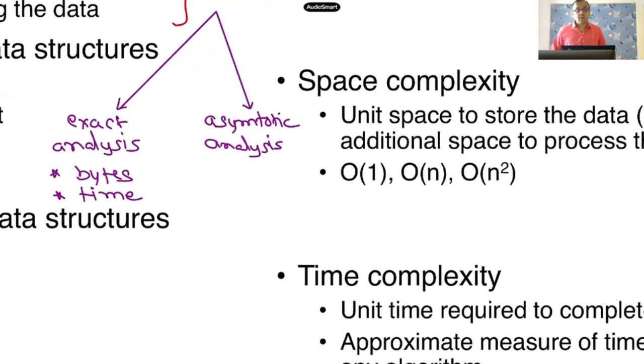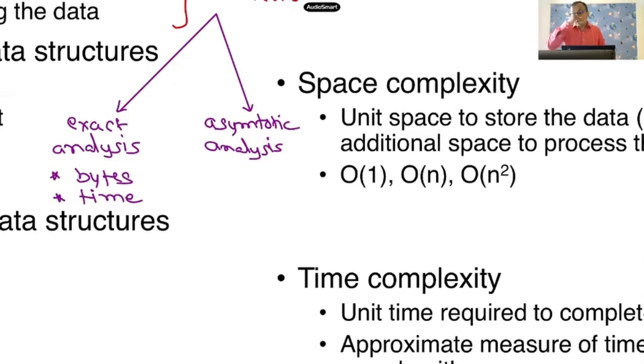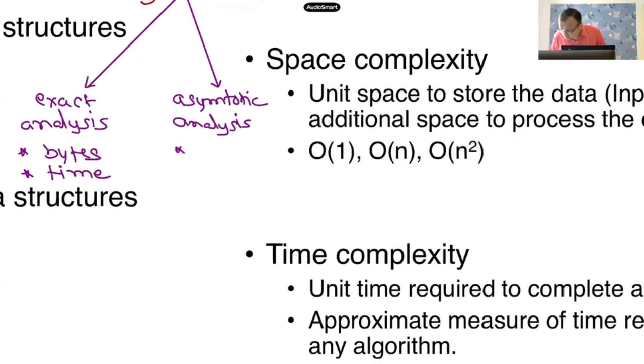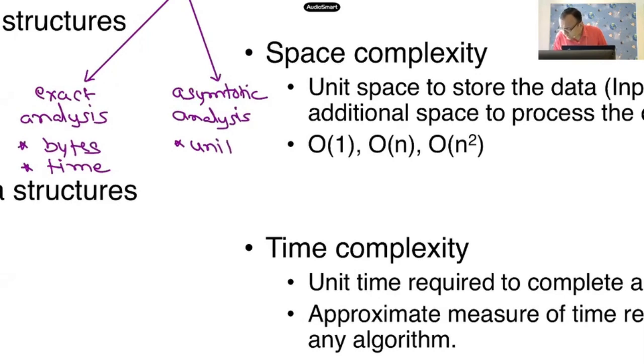In asymptotic analysis, we do not talk about how many bytes. Over here we will talk about, let's say, unit space, the unit space required for the storage. We do not talk in terms of bytes. For time, asymptotic analysis is about how many iterations, how many times the loop is getting repeated.